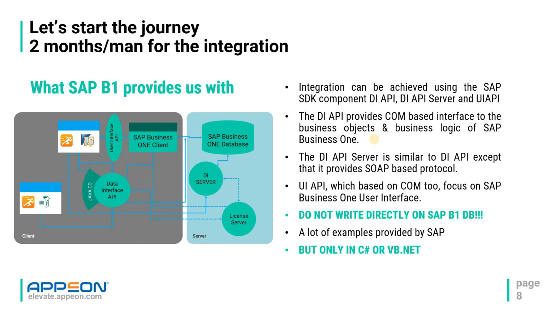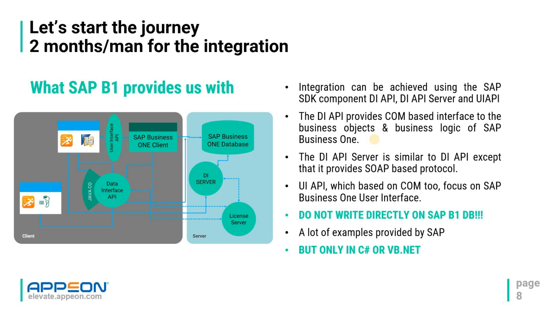The integration can be achieved using the SAP SDK components. The SDK components are DI API, DI API server, and UI API. As I've said, the DI API provides the COM-based interface to the business objects and business logic of SAP Business One.